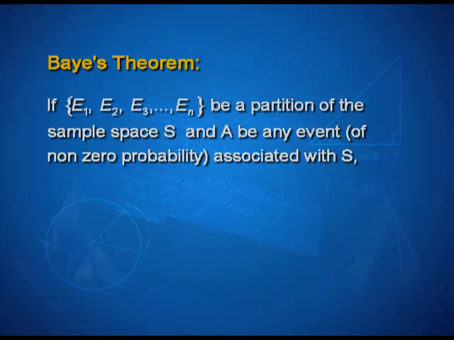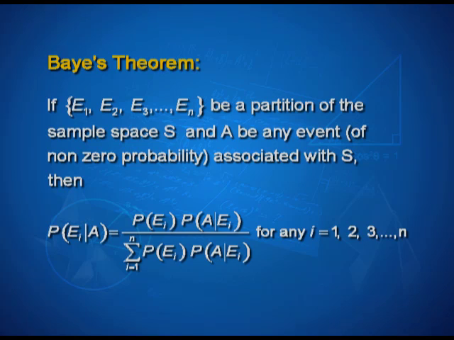A is any event of non-zero probability associated with S. Then the Bayes theorem says that the probability of Ei given that A has occurred is the same as the probability of Ei into the probability of A given that Ei has happened, divided by the summation of the probability of Ei into the probability of A given that Ei has happened, for i ranging from 1, 2, 3 up to n.